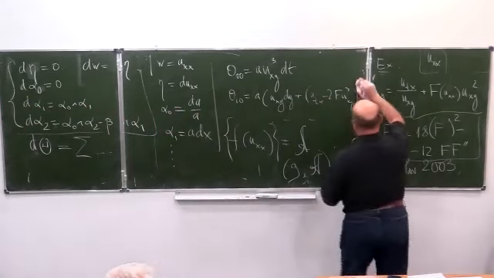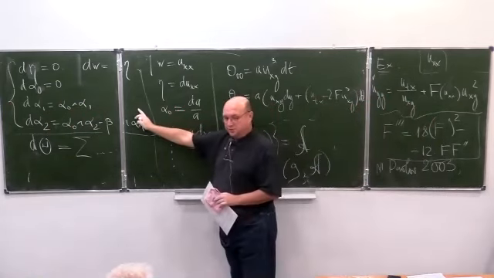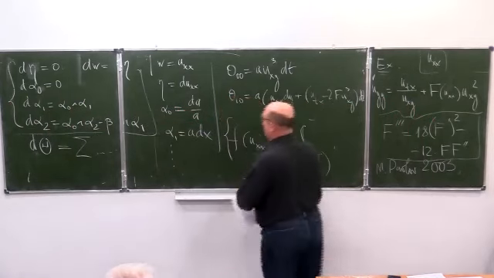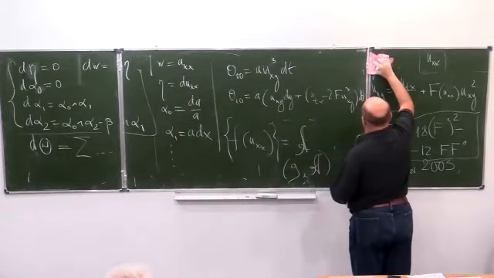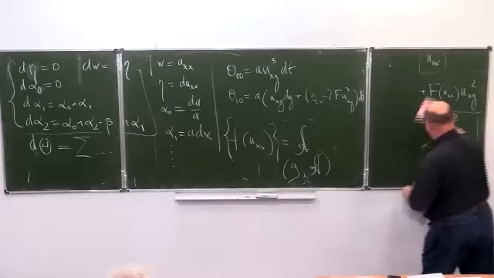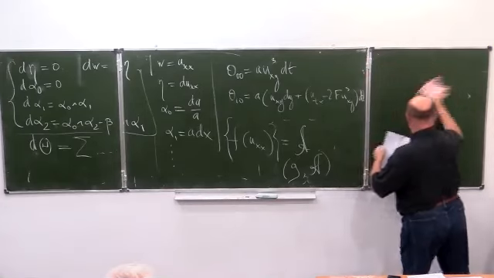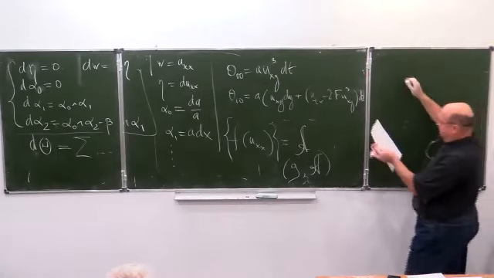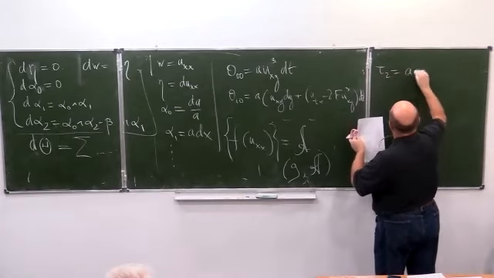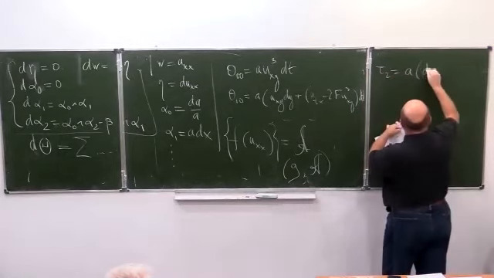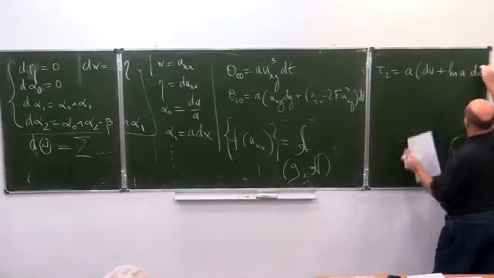Now the previous example tells us that there is a twisted extension for this construction. We can add, and actually we need only tau 2 from the above expressions, from the previous example. This tau 2 has the following form: a multiplied by dv plus logarithm a dx.